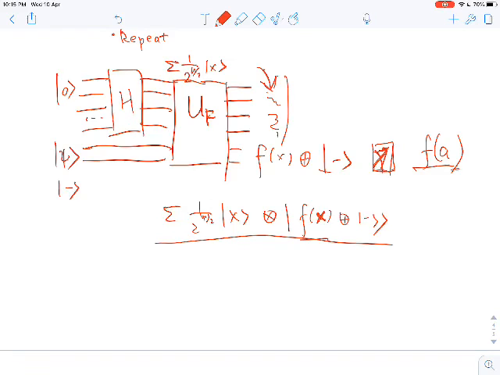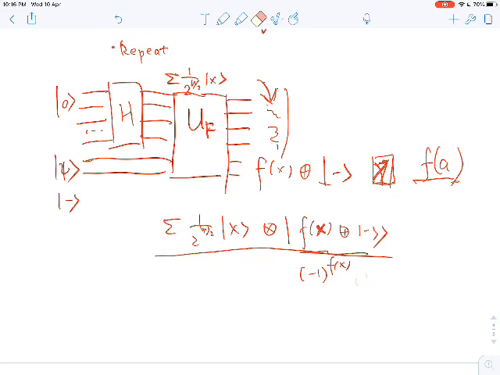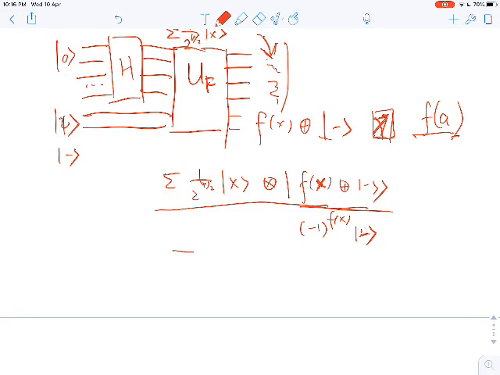Actually, like in the Bernstein-Vazirani algorithm, this part can be represented like this, right? Then the state here is just like this, right?